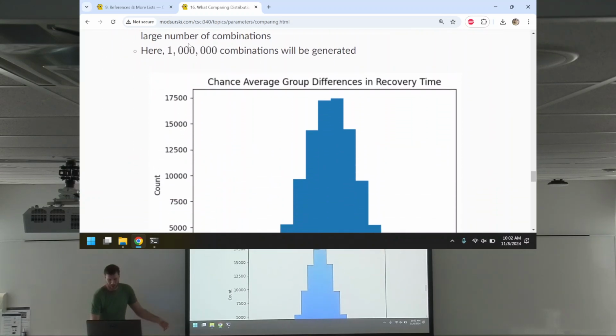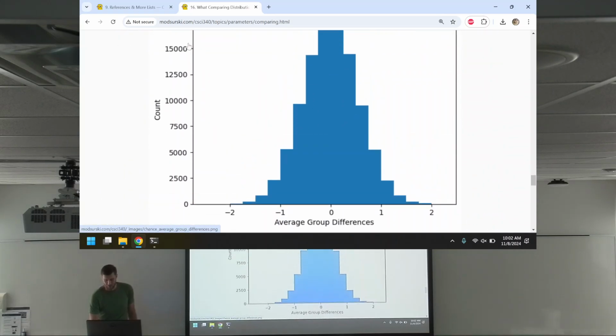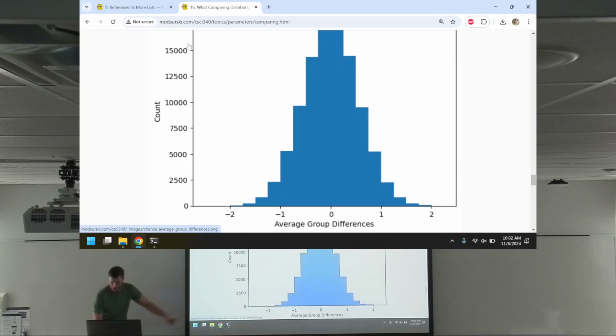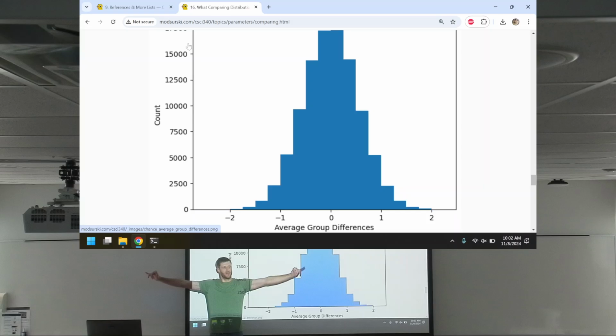So here are literally a million combinations and their average differences. This is not a distribution of recovery times. What I did is I generated a million randomly split groups, 50-50 of the 100 people.